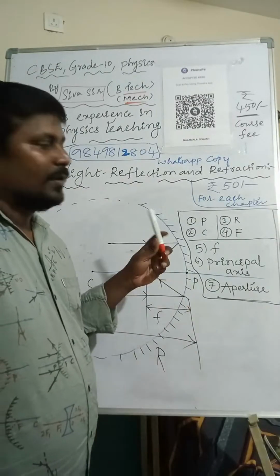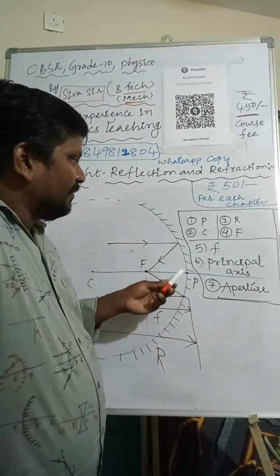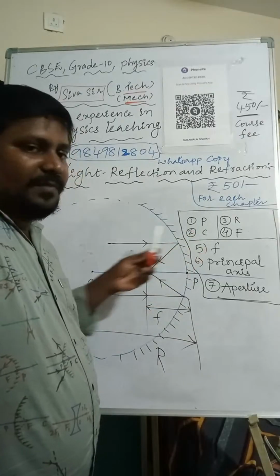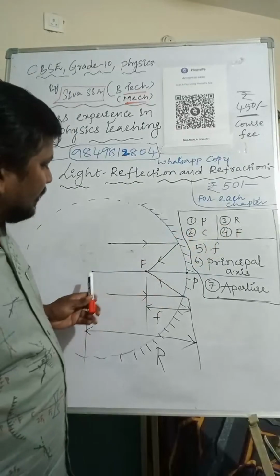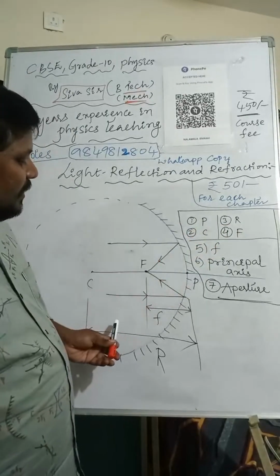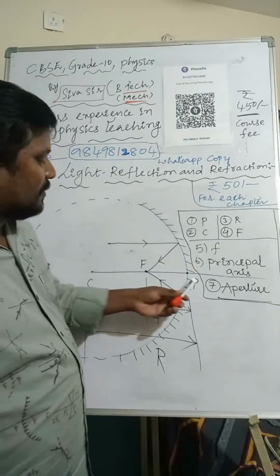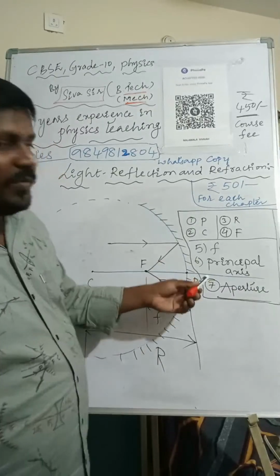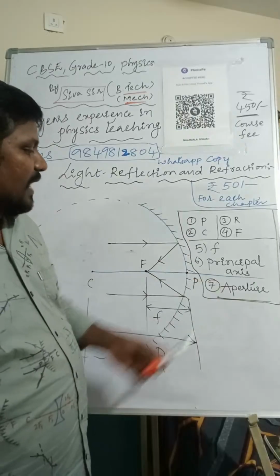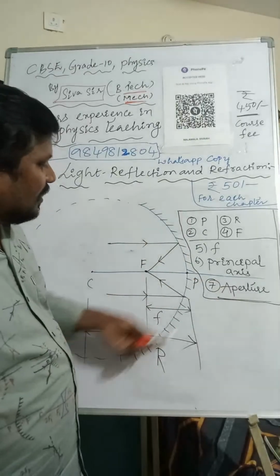Clear? So pole, midpoint of the mirror. Center of curvature, center of the imaginary sphere of which the mirror is a part. Radius of curvature, distance between center of curvature to pole. Focal length, distance between focus to pole. Principal axis, line joining the center of curvature and pole is called principal axis. Width of the mirror is called aperture.